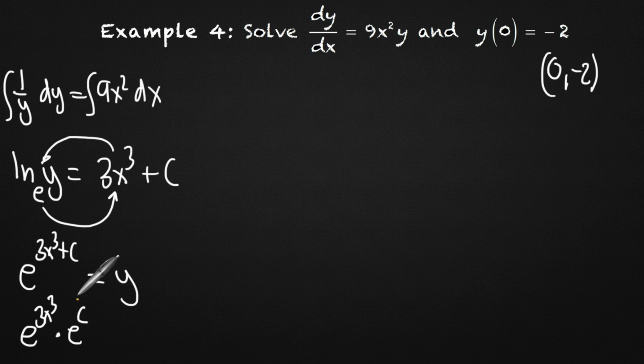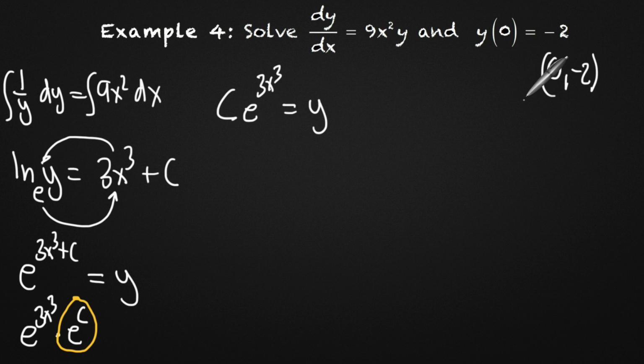Because e is just a number, 2.718, Euler's number, and I'm going to raise that to some other unknown number. As a result, that's going to turn it into some new constant, and I'm going to call that c, times e to the 3x cubed. So this, in other words, is just going to turn into some new constant. Now that I have that, I'm going to plug in my initial condition.